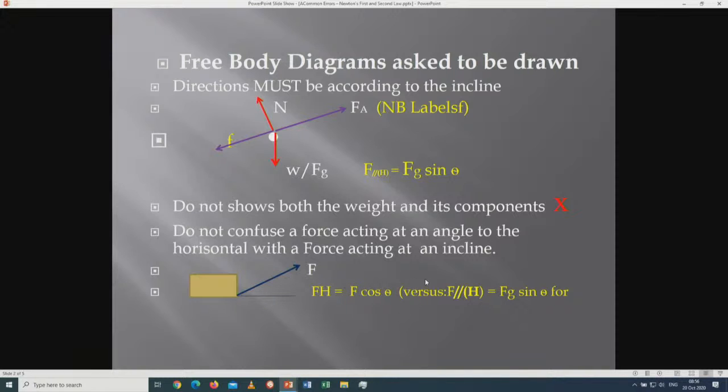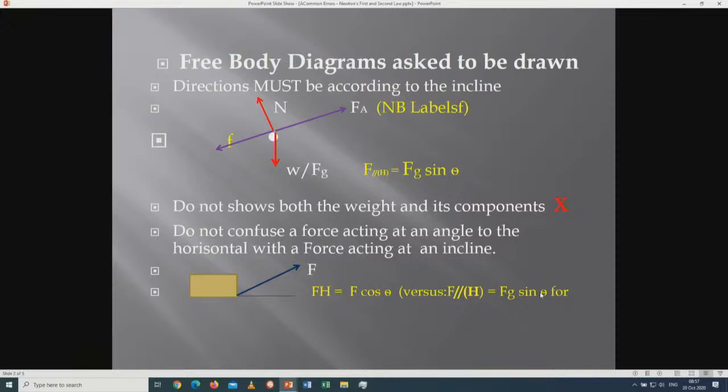That is versus the horizontal component of an incline. The component of the weight along the incline, you will remember, is Fg, the weight, sine theta. So on a horizontal plane, where the object is just moving on a horizontal plane, it is F cos theta, and when you must calculate the component on an incline, then it is Fg sine theta.